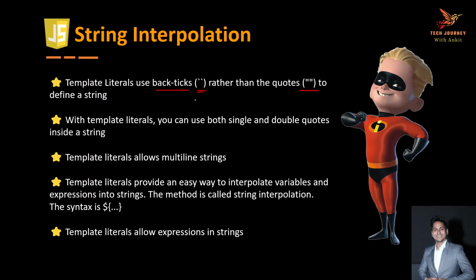In the backticks you write the string, and if you have some variables for which you want to dynamically populate the value, you use the dollar symbol followed by curly braces. It helps you prepare the dynamic string without using the concatenation operator.